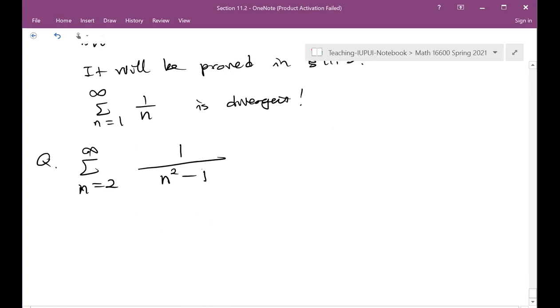Is this convergent or divergent? Well, the first term is 1.